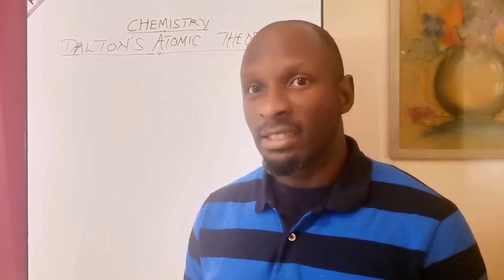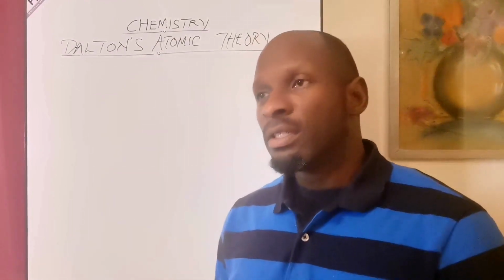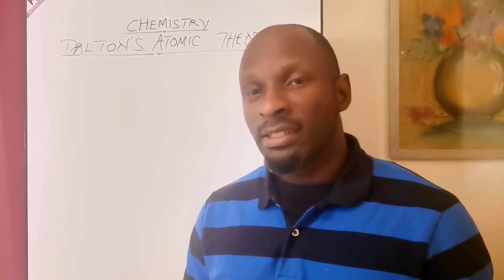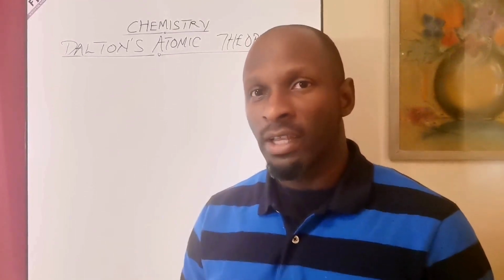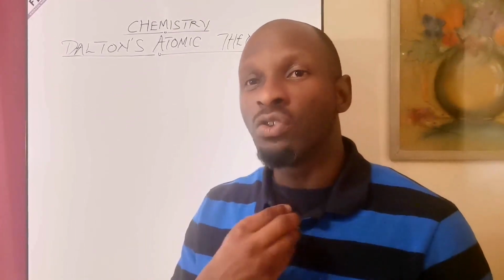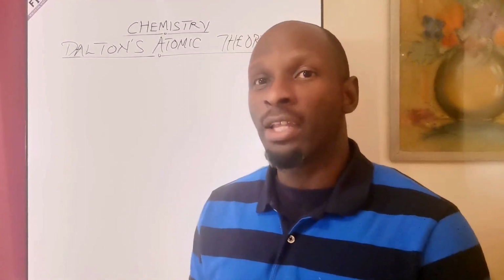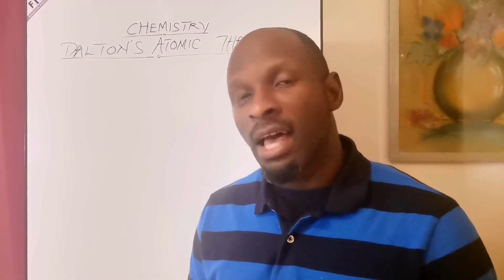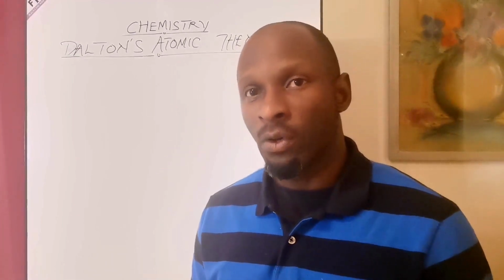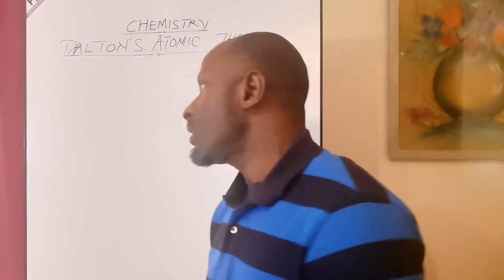That was what we defined it as. But here now, Dalton is trying to tell us that that atom is the smallest particle. That is, aside from the atom, there is no other particle that is smaller than it that can be found in matter. And when I say matter, I am talking about elements. Okay? Good.